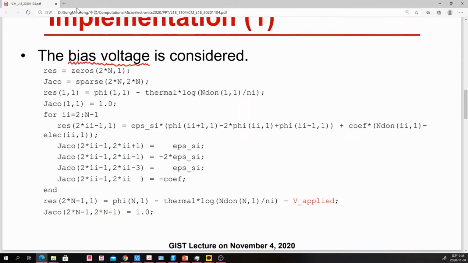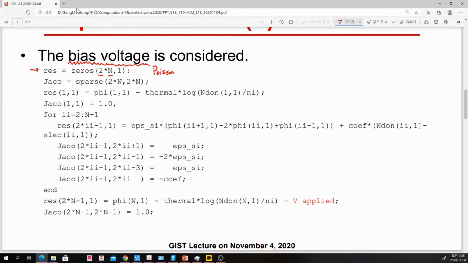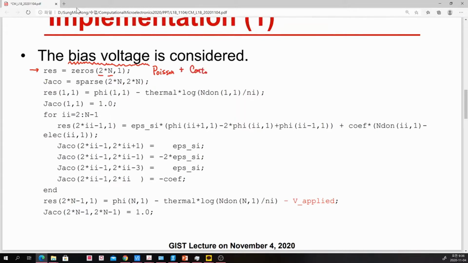For example, let's consider this residue vector. This one has 2 times n entries, because we have the Poisson equation and the continuity equation. That's simple. And also, since we have 2n unknown variables, the Jacobian matrix should also be 2n times 2n.